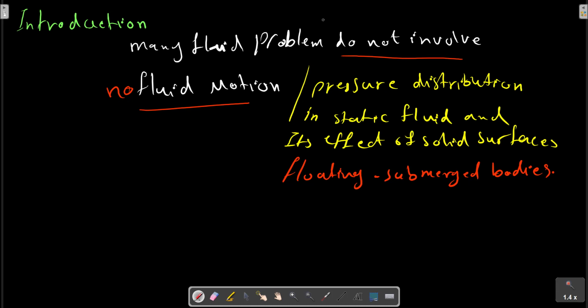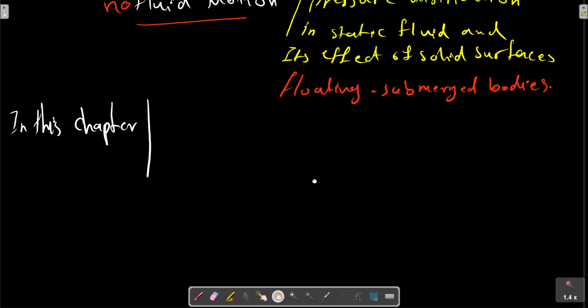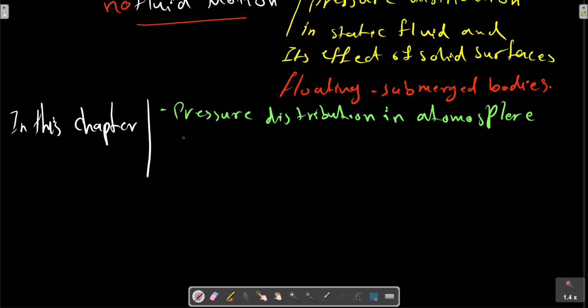Important applications in this chapter are, first, pressure distribution in the atmosphere and oceans.